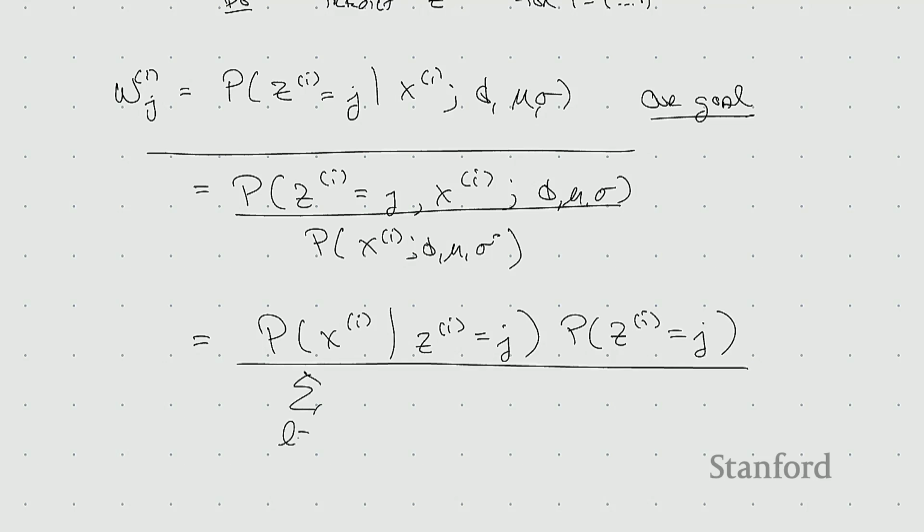I have to use l here instead of j so I don't confuse things: the sum over l of the probability of x_i given z_i equals l, times the probability of z_i equals l.